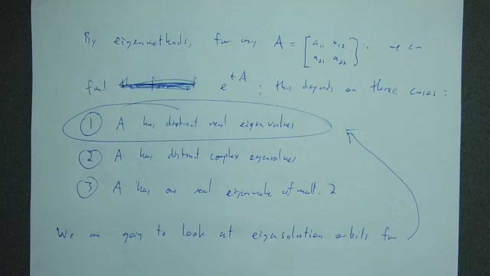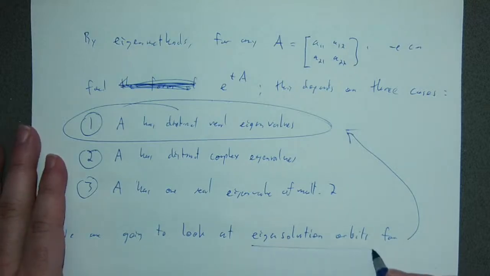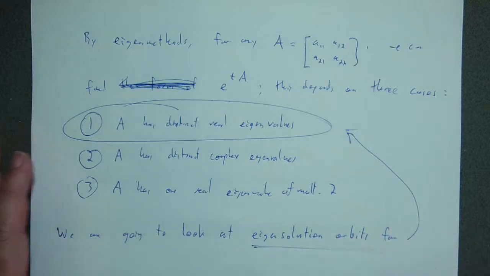So let's just look at this first case first, okay? So eigensolution orbits, these are just the trajectories traced by those solutions, which are these eigensolutions. Okay.